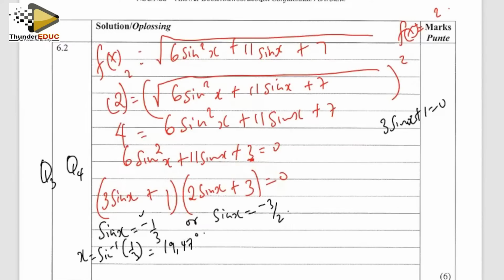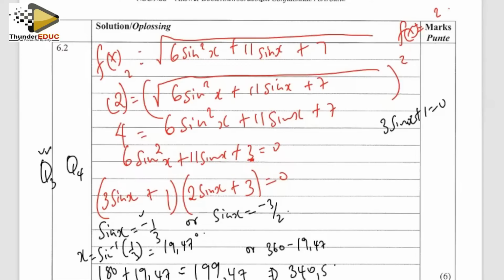Then I know that in quadrant number 3, it's going to be 180 plus 19.47, that's going to give me 199.47. And then the other quadrant is quadrant number 4, where I'm having 360 minus 19.47. This must also give me 340.53 degrees. So these are the solutions that I'm getting there.